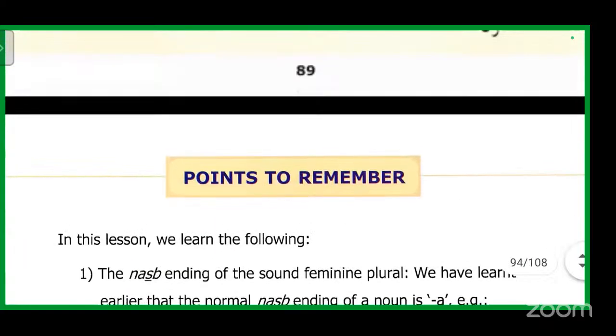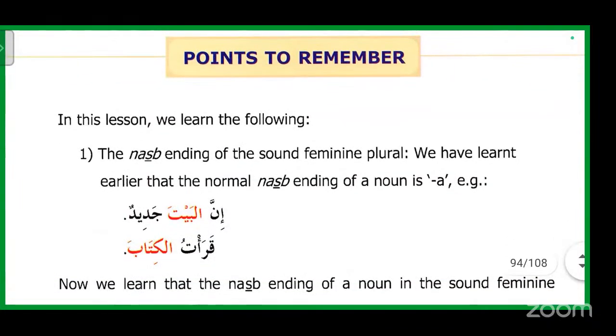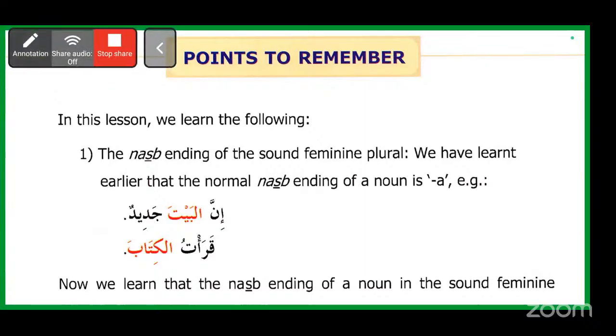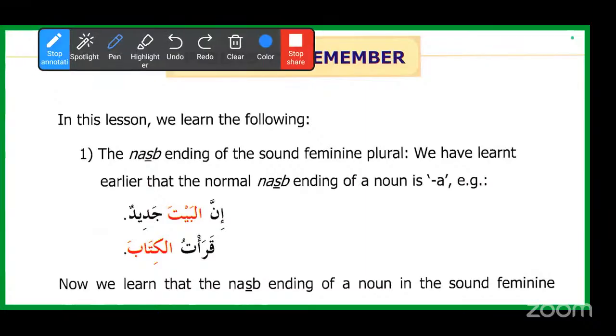So this is page number 90, points to remember. In this lesson, we learn the following. Number 1, the nasab ending of the sound feminine plural, Jama Muannas Salim. Write it down right here. We have learned earlier that the normal nasab ending of a noun is a.